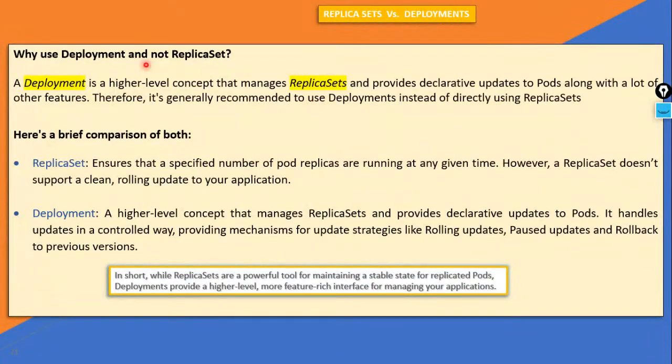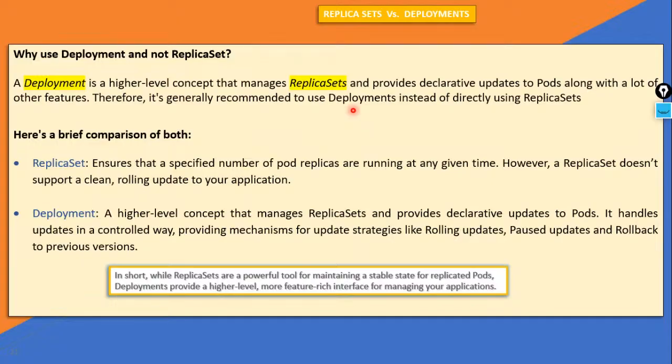So why use deployment and not replica set? A deployment is a higher level concept that manages replica sets and provides declarative updates to pods. Now, a replica set could not do a deployment like a rolling update deployment or a blue-green deployment or a canary deployment.